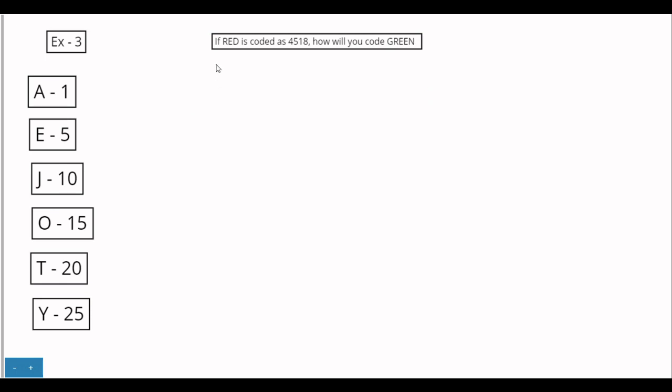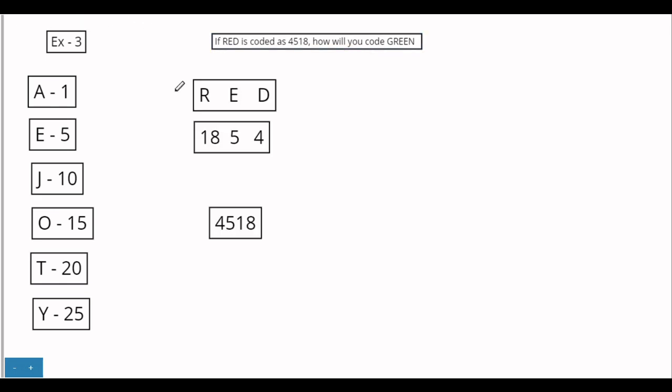Now in the third example, if red is coded as 4518, how will you code green? If you see the number code of red, which is R18, E5 and D4, if you try to add them all, 18 plus 5, 23 plus 4, the answer will come as 27, which is not equal to 4518. And three numbers would not be able to add up to 4518 anyway.